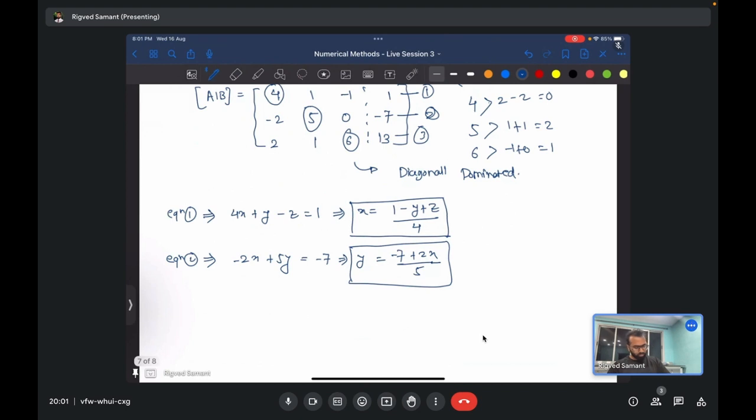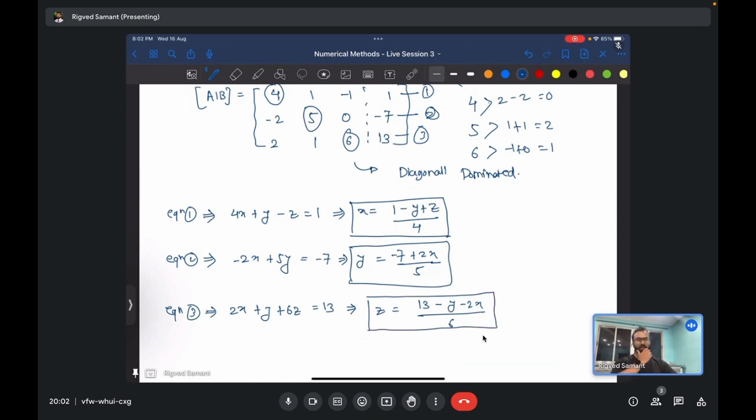Equation 2 gives you the equation of y, and equation 3 gives you the equation of z. The last equation is 2x plus y plus 6z is equal to 13. So z is equal to (13 minus y minus 2x) divided by 6.